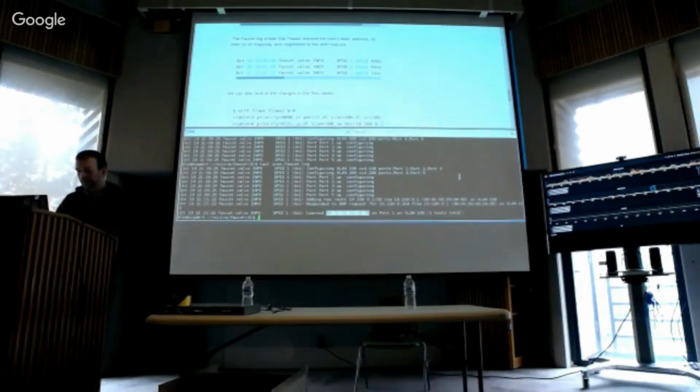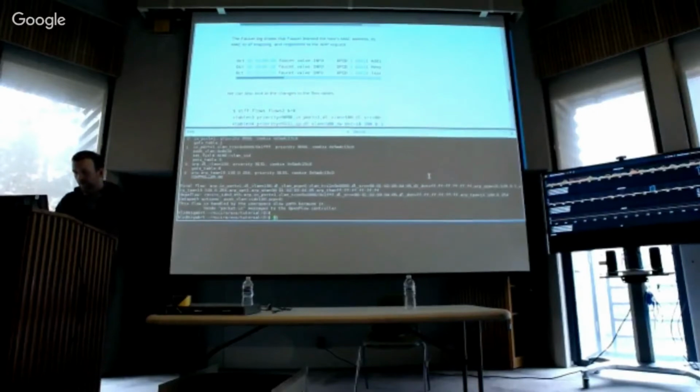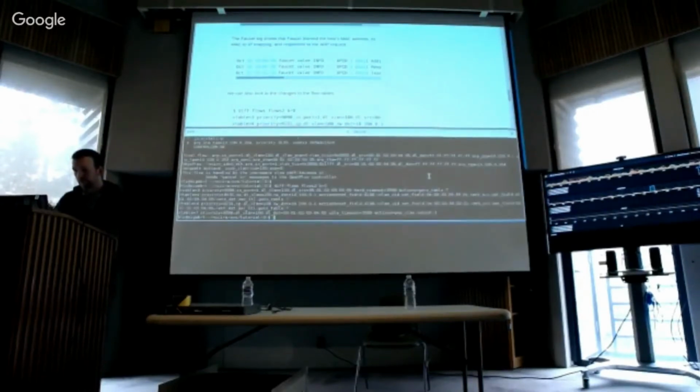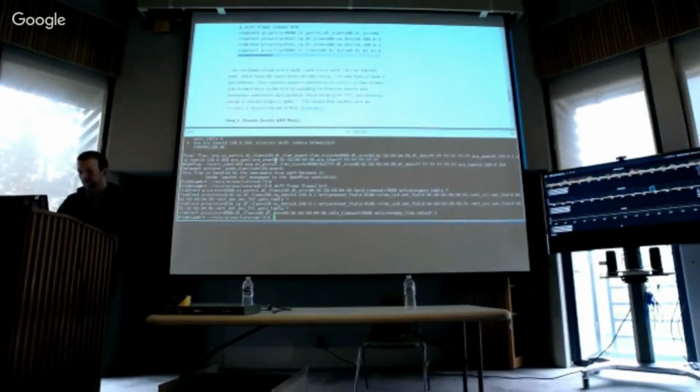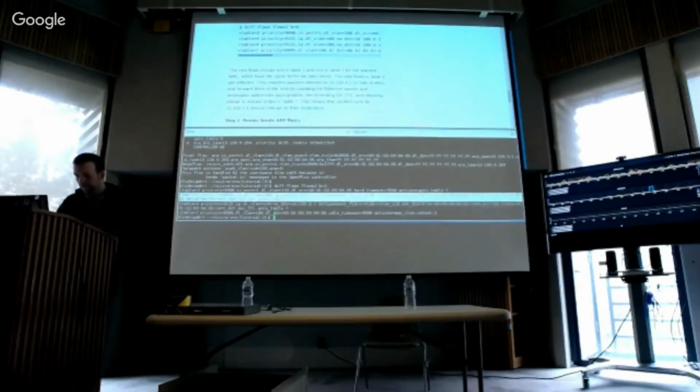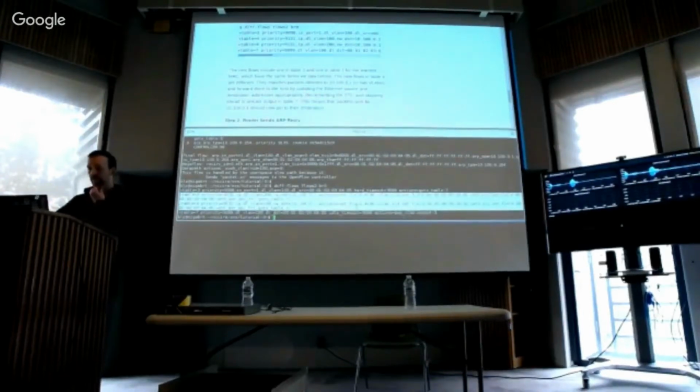So let's see what kind of a difference to the flow table that gave us. So we've got new flows for the MAC learning. And those are the same sorts of flows we saw for MAC learning before. It's the flows in table 4 that are kind of interesting. They're both the same except for the VLAN.